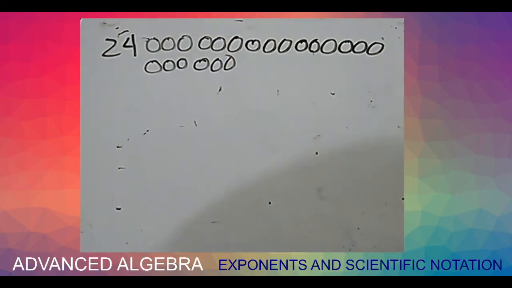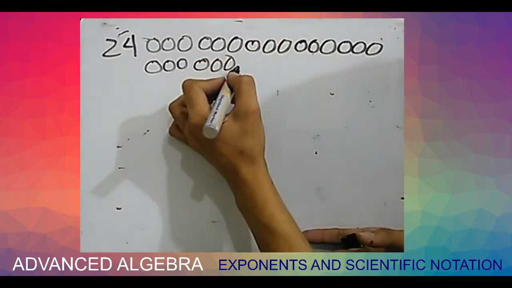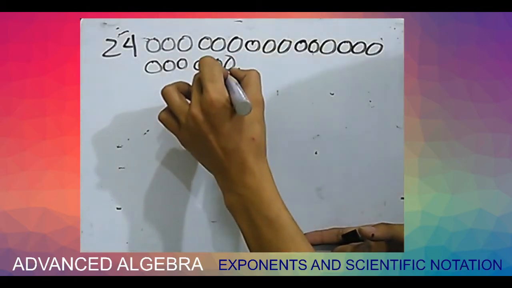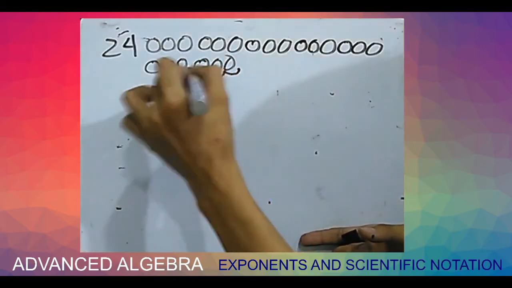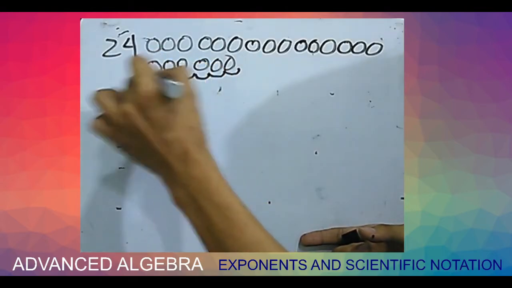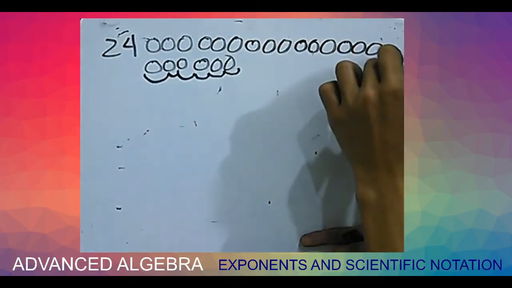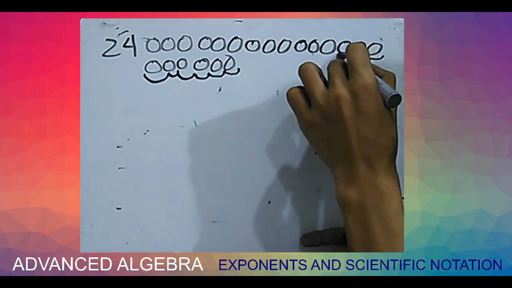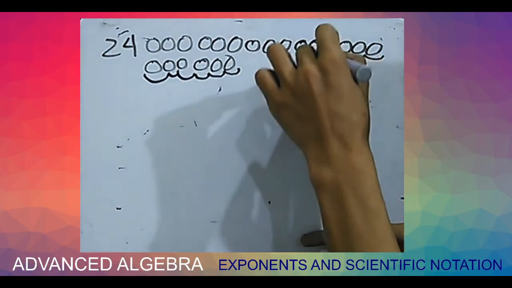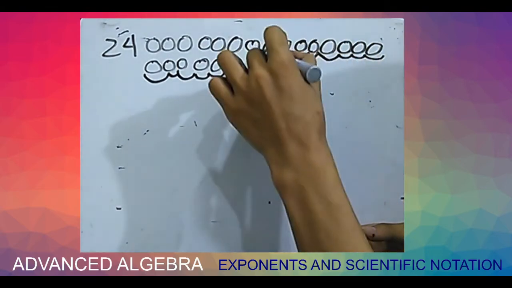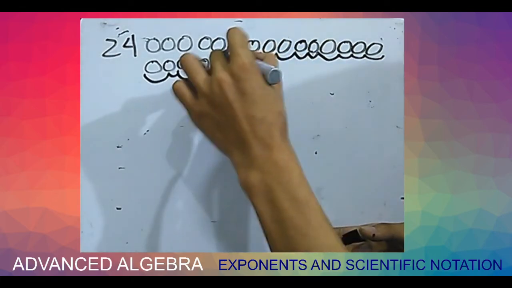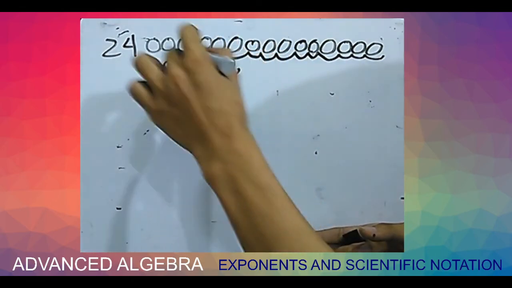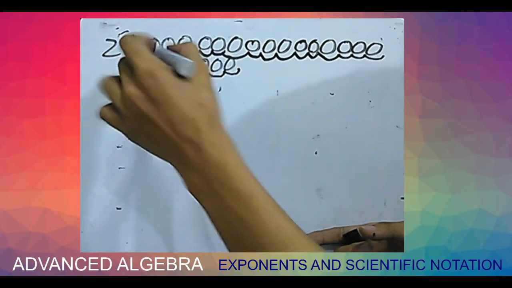Kailangan natin is i-move natin yung decimal places natin. Magsisimula tayo dito sa dulo. Bibilangan natin 1, 2, 3, 4, 5, 6, 7, 8, 9, 10, 11, 12, 13, 14, 15, 16, 17, 18, 19, 20, 21, and 22.